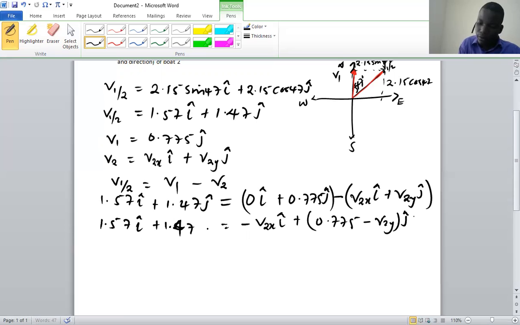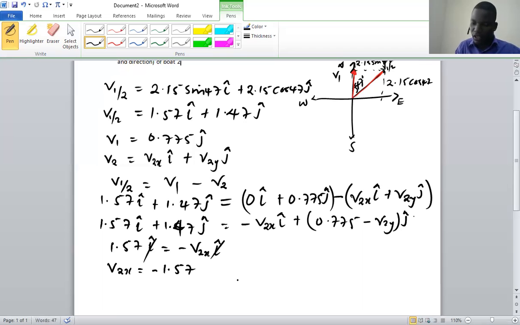We can equate those with unit vector i and those with unit vector j respectively. So 1.57 i equals negative v2x i, and the i goes, so v2x is equal to negative 1.57.